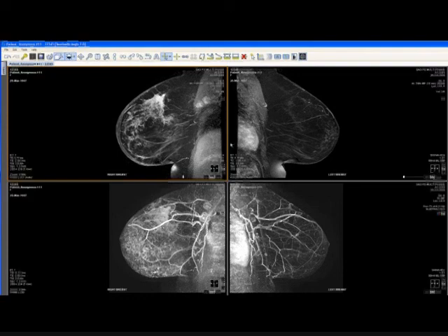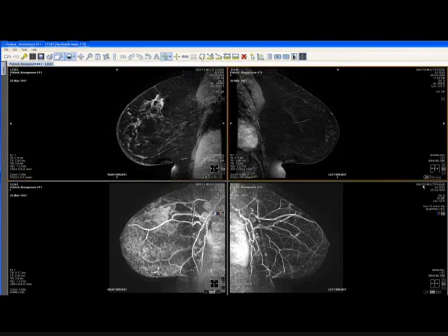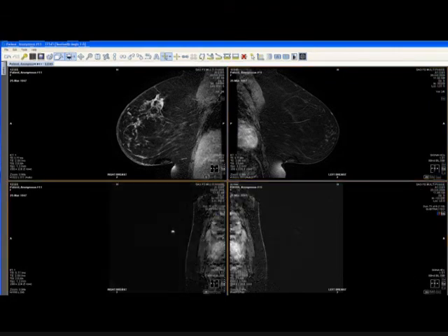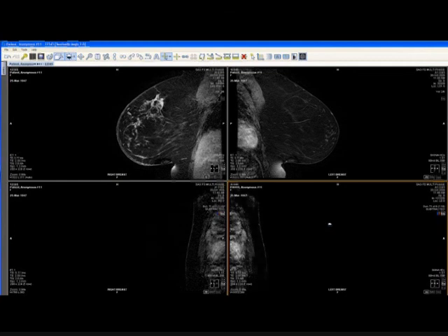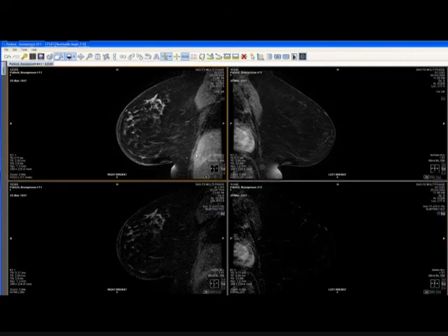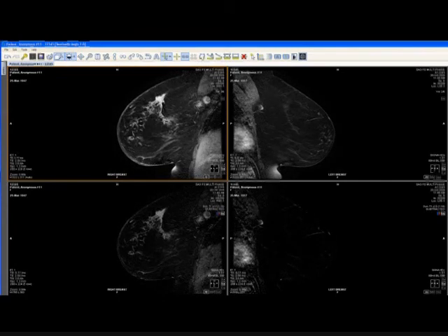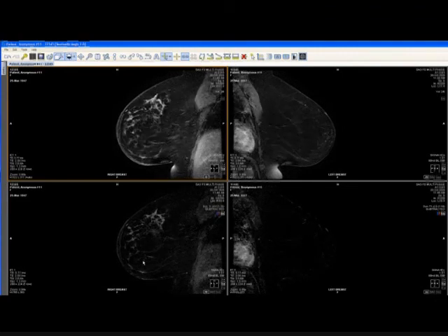Let's go to our detailed imaging with the actual slices and on our subtractions. And if you look, you can see this large area of non-mass-like and more overtly mass-like enhancement underlying this case of inflammatory cancer.